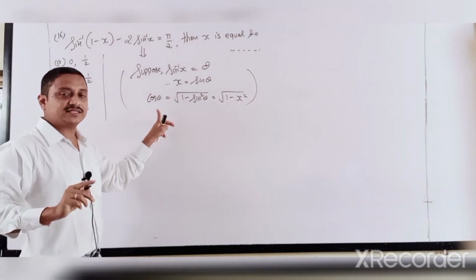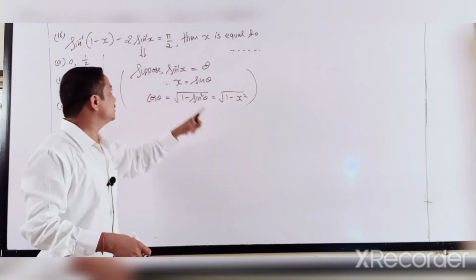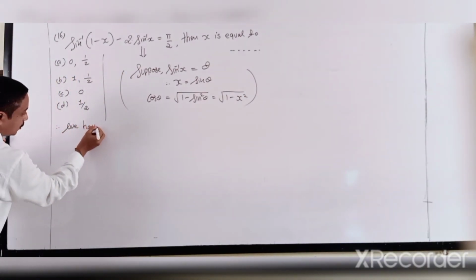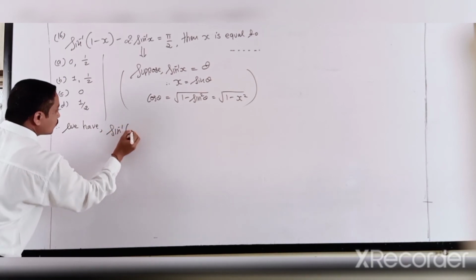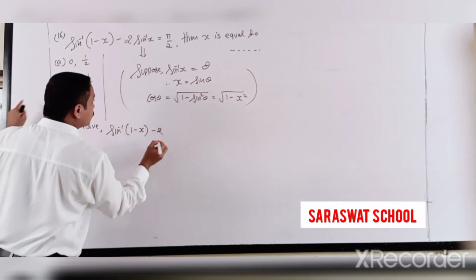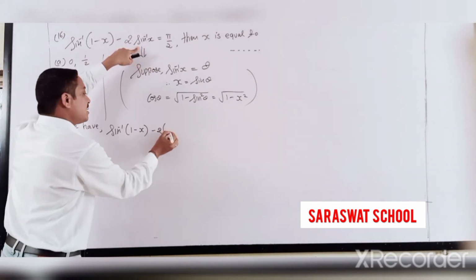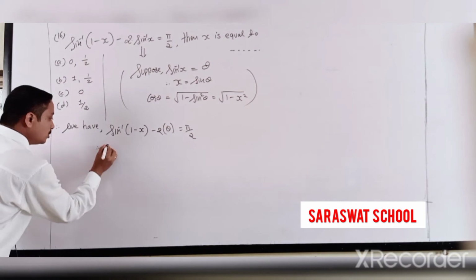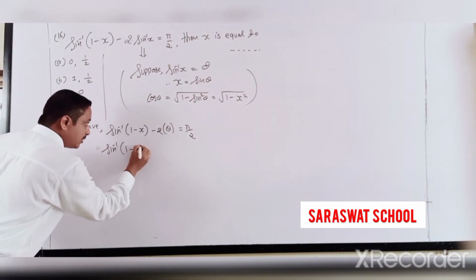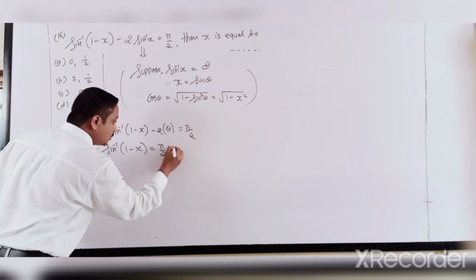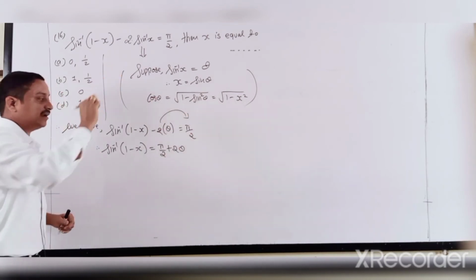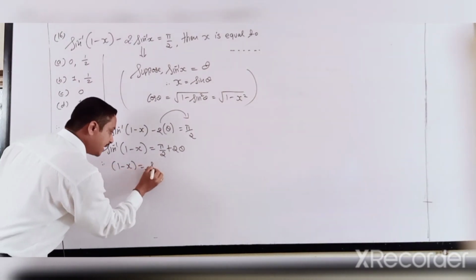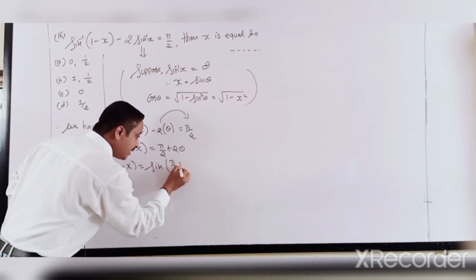This cos theta and sin theta both will be utilized in the further solution. Therefore, our question is sin inverse of 1 minus x minus 2 theta is equal to pi by 2. So sin inverse of 1 minus x is equal to 90 plus 2 theta. I move 2 theta from left to right side. So what is 1 minus x? Sin of 90 plus 2 theta.